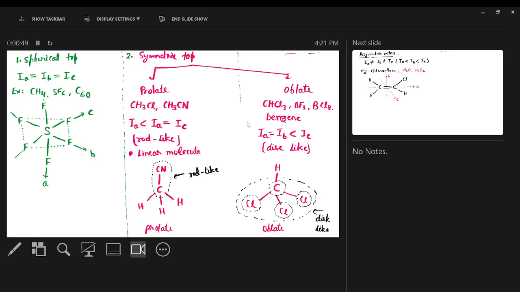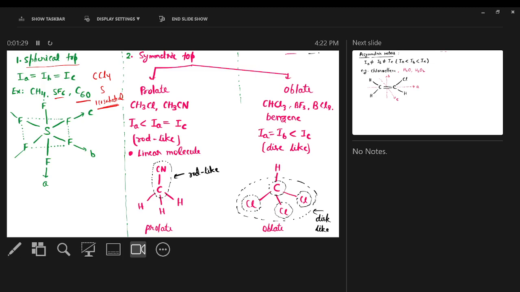That is, the principal moments of inertia will be the same. Examples of this category are tetrahedral molecules, that is CH4 or CCl4, SF6 (SCl6 does not exist), and C60. This is icosahedral, not octahedral, icosahedral. So in a spherical top category, we will have IA equal to IB equal to IC. Okay.